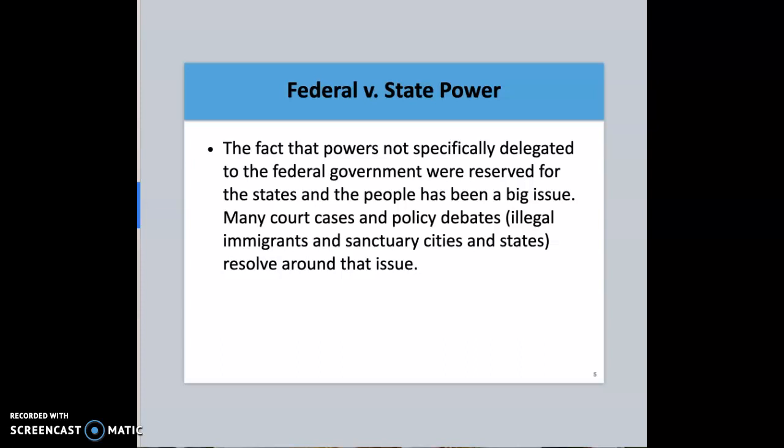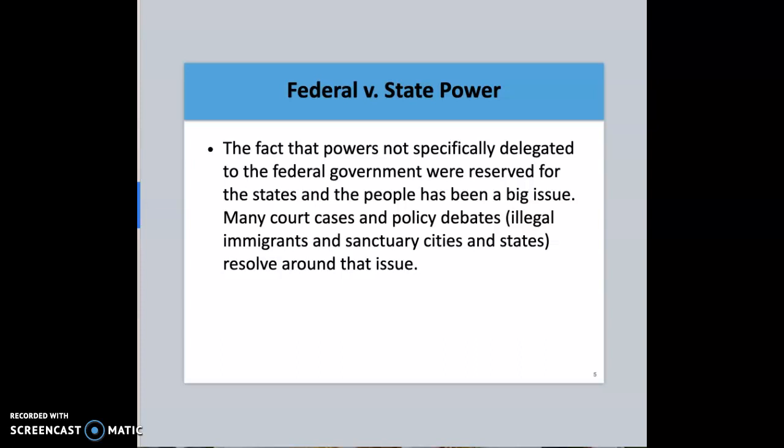And one of the ones that we're dealing with today, and we'll talk about this later on in a couple modules in the future, is the debate about illegal immigrants, sanctuary cities, and states, all right? And that'll be important, I think, in Module 6, where we will grapple with this idea of how this power struggle, so to speak, comes into play in terms of the criminal justice system, all right?